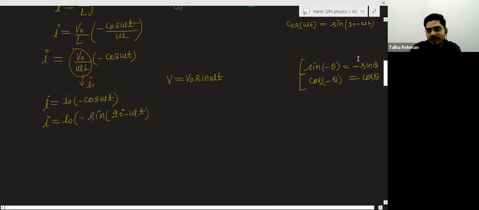There is one more thing here you have to remember. Sine of minus theta can be written as minus sine theta.